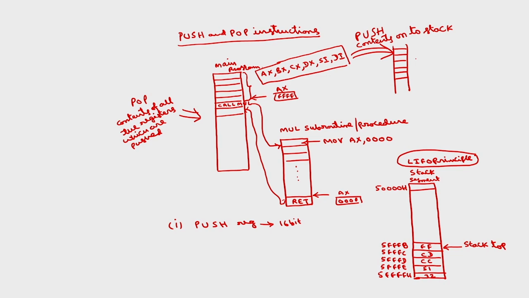Then the stack pointer holds the offset from the starting of the segment to the stack top. What is that offset? What is the difference between these two addresses? The offset is FFFB. So, the stack pointer contains FFFB. Now, this is the next available location. Whenever you want to push data, this is the location where you have to store it.